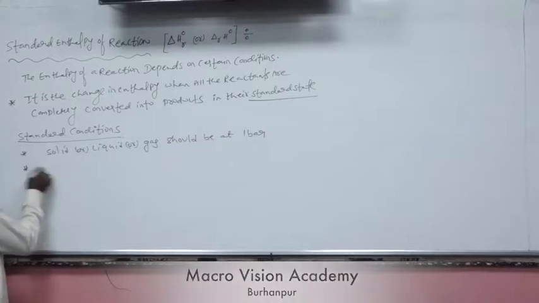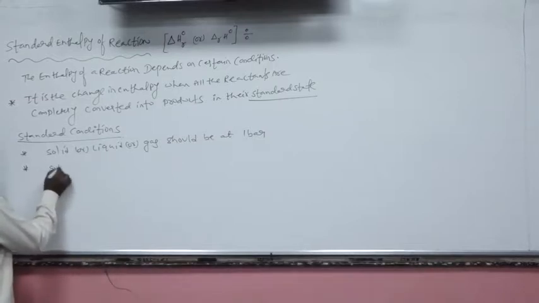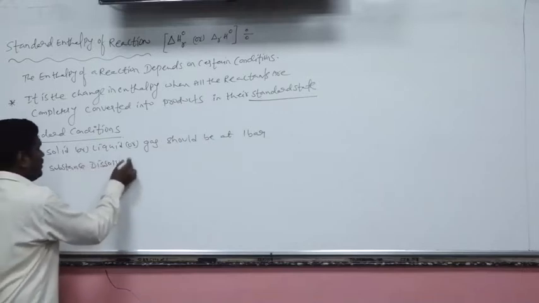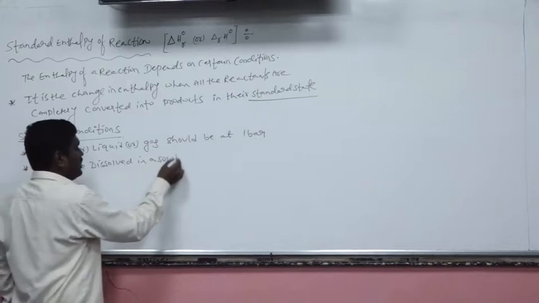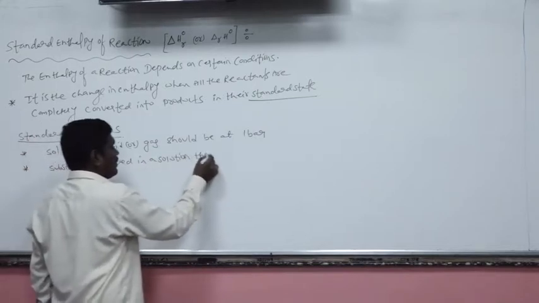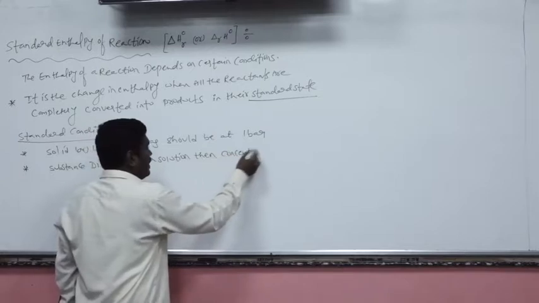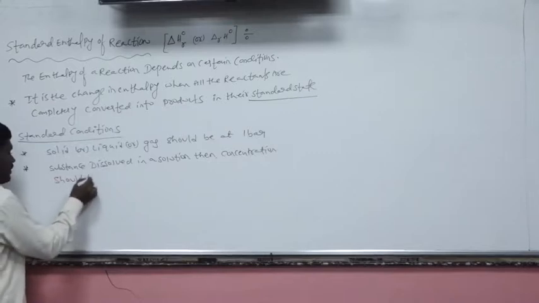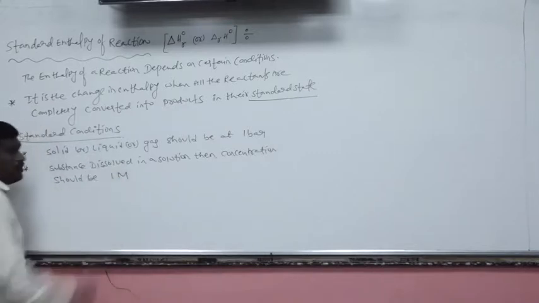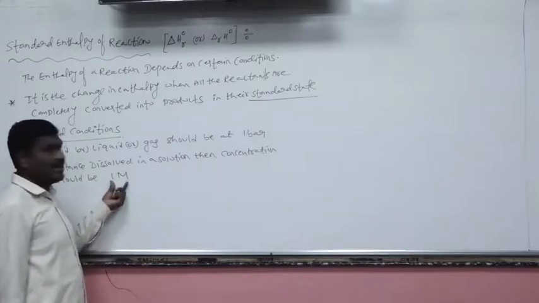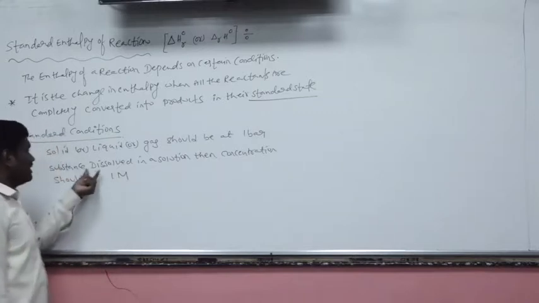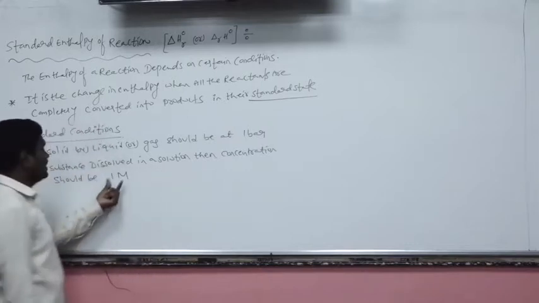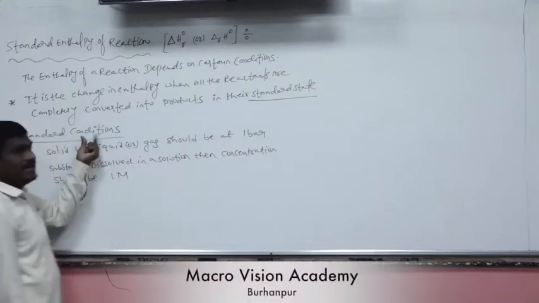Next, for a substance dissolved in a solution, the concentration should be 1 molar, 1 mole per liter. This is the standard condition for concentration. Suppose any solid substance is dissolved in a suitable solvent to make a solution, then the concentration must be taken as 1 M. This is a standard condition.